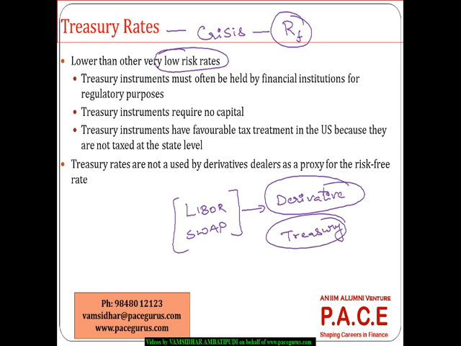And also the treasury instruments, to a large extent from a regulatory perspective, need to be held by the financial institutions, which means they are not that freely traded. So there is a mandatory requirement that some amount needs to be held from a regulatory perspective.